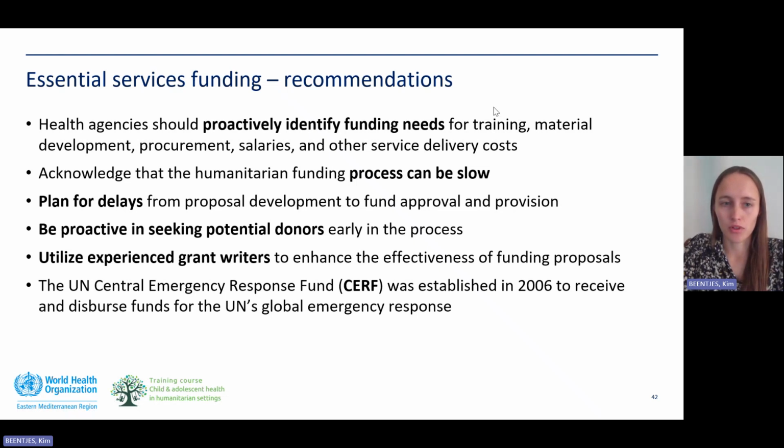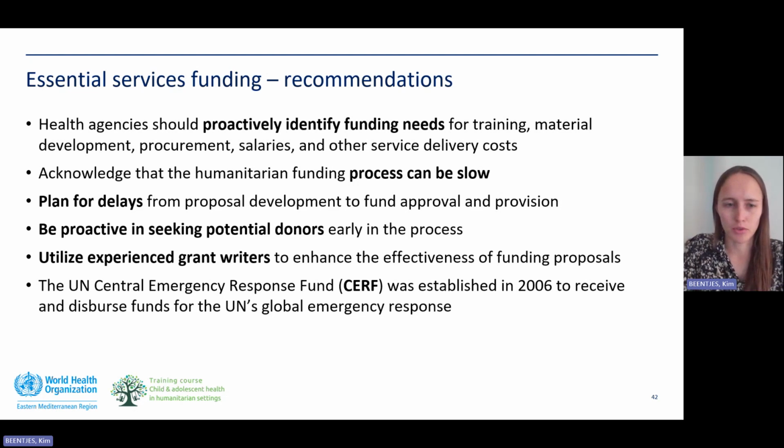And here it's very important to acknowledge that humanitarian funding processes can be slow. So plan for delays from proposal development to fund approval and provision. Also be proactive in seeking potential donors early on in the process, and utilize experienced grant writers to enhance the effectiveness of the proposals.